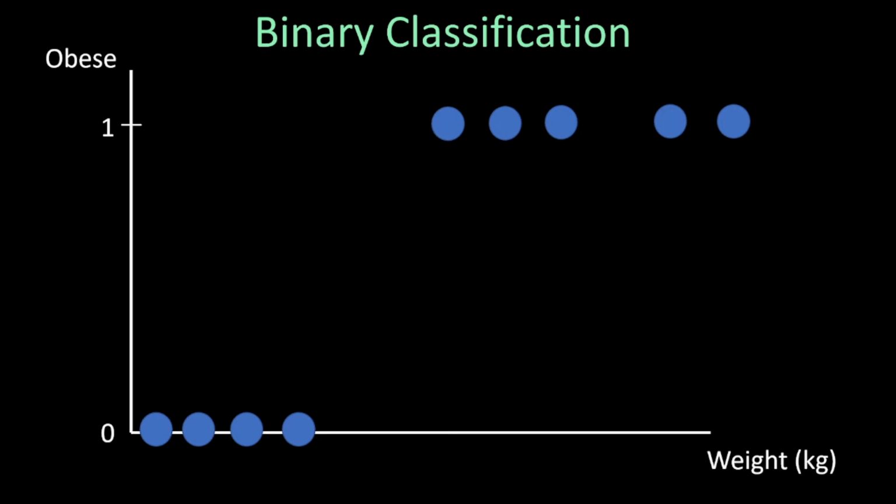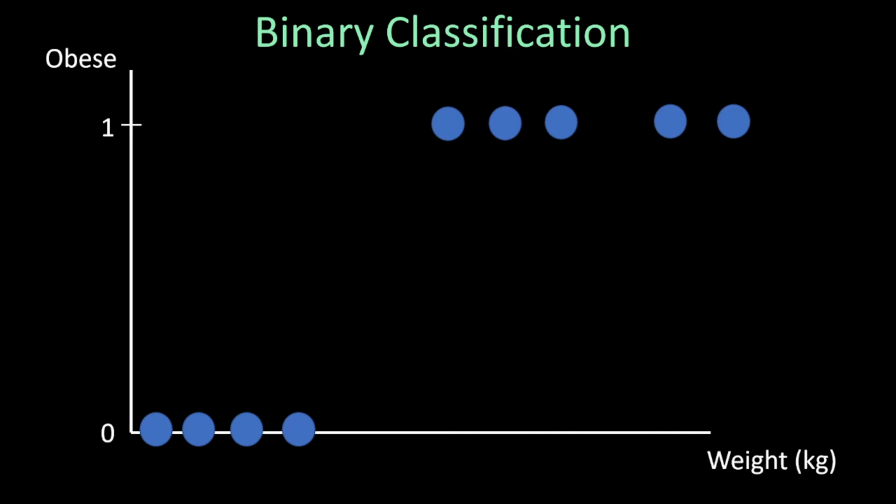And 1 means that the person is obese, and 0 means that the person is not obese. So what we can see here is that the less you weigh, the less likely it is that you are obese.